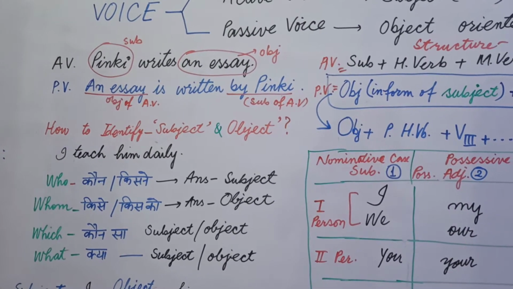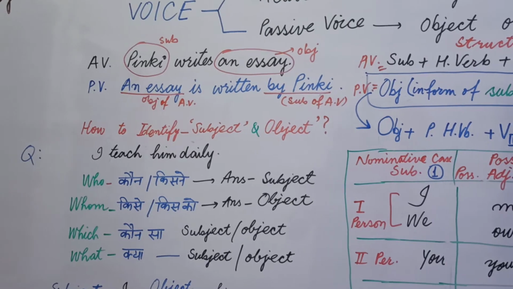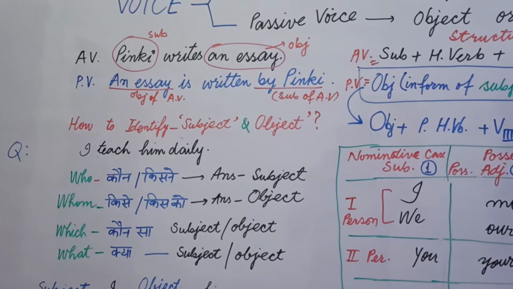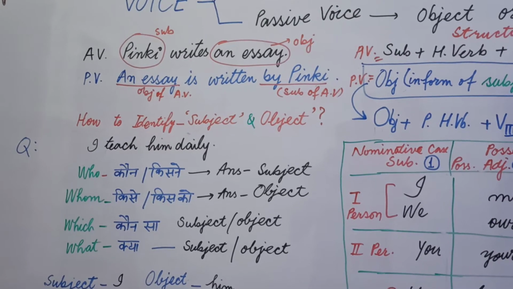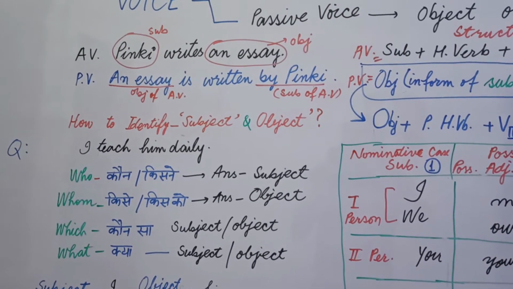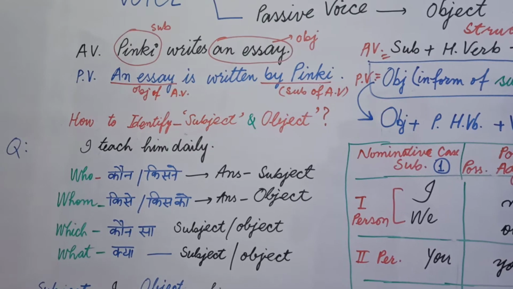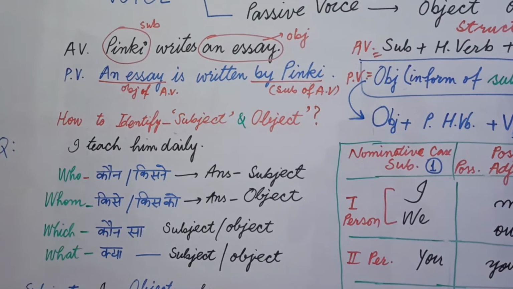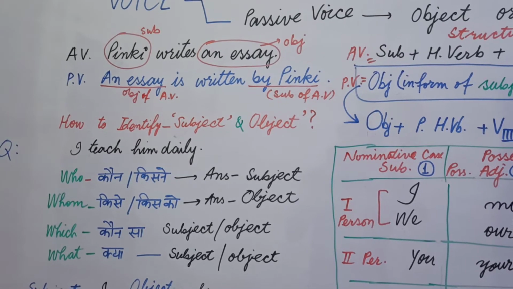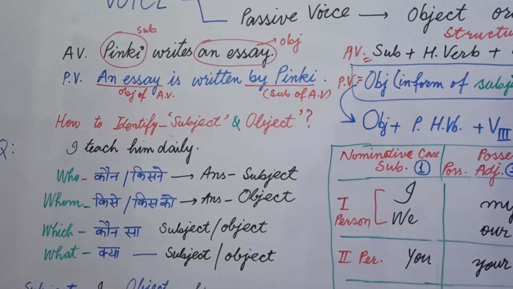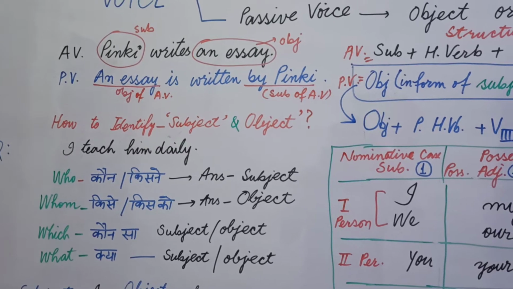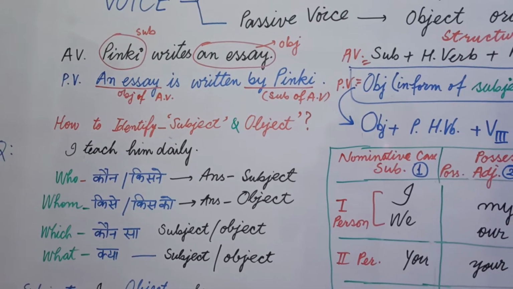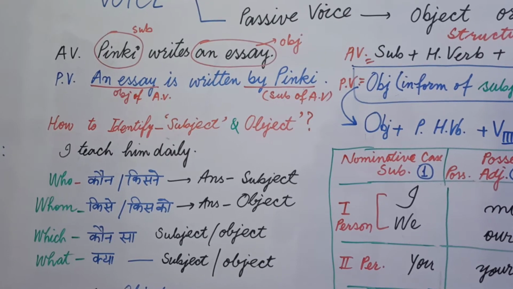Please pay attention, sit with a pen and notebook, and note whatever you understand here. Pinky writes an essay. Pinky is the subject because Pinky is the doer. Doer means a person that does an action. And an essay is the object because an essay isn't doing anything; an essay is being done.